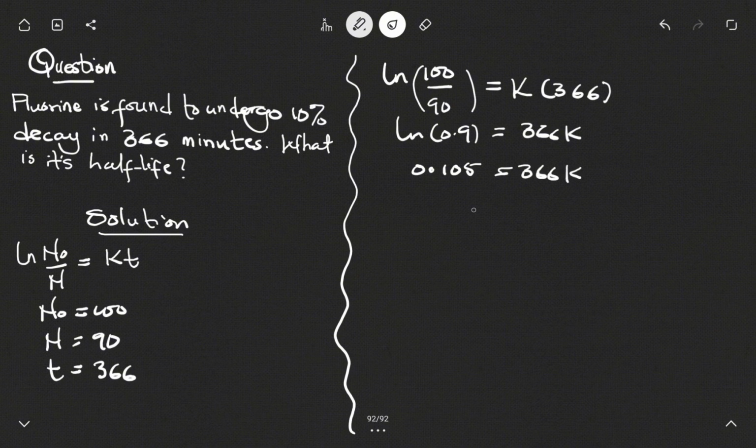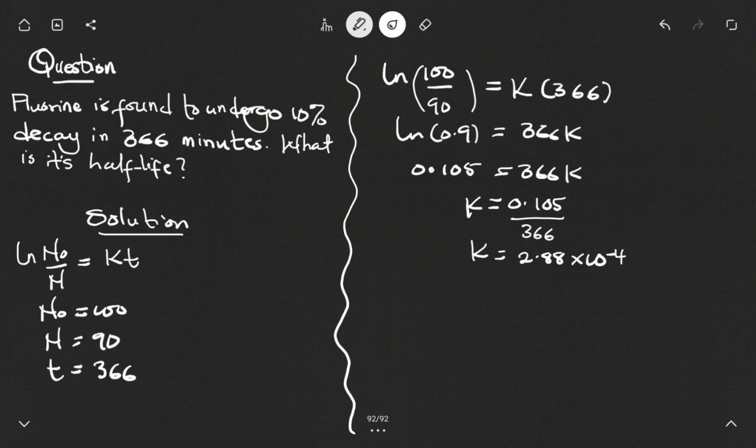Now this means that k would be equal to 0.105 divided by 366 minutes. So k would be equal to 2.88 times 10 exponent minus 4.